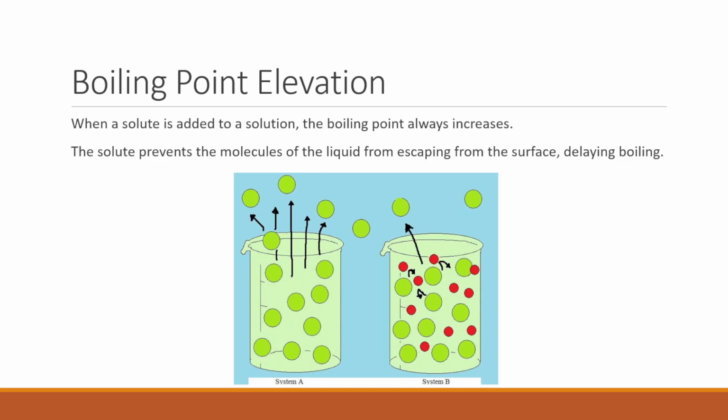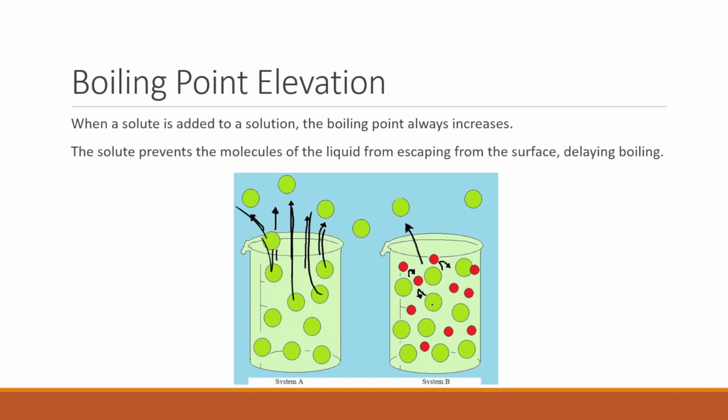And that's because, think about what you're doing when you're boiling. You're putting energy in to make the substance boil. We're putting energy in to force these water molecules out of the liquid phase and into the gas phase. If there are ions present, those ions get in the way, and it makes it more difficult for the water molecules to escape.